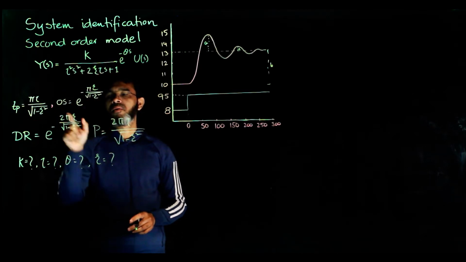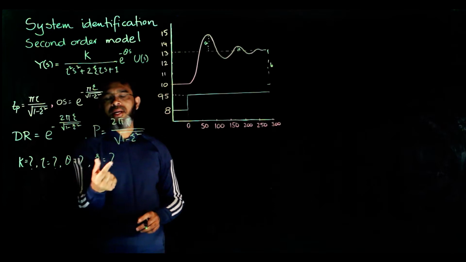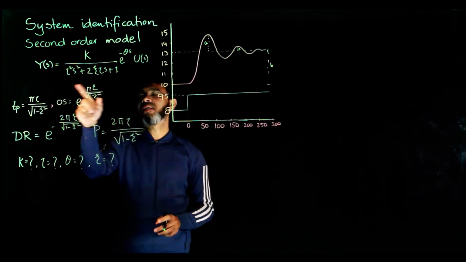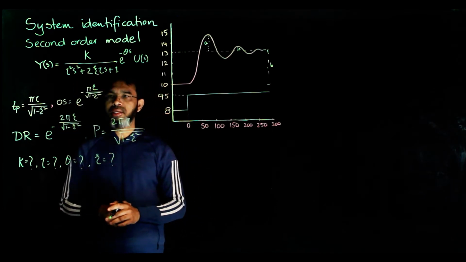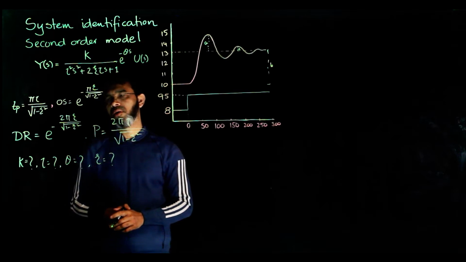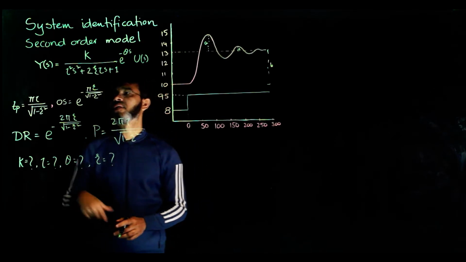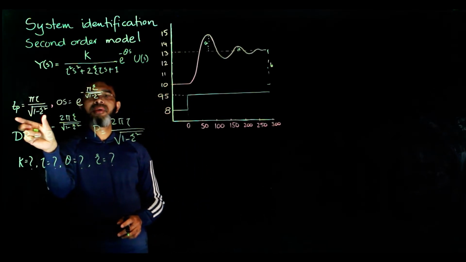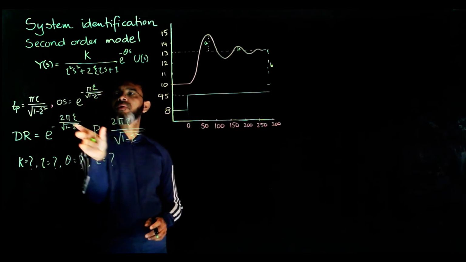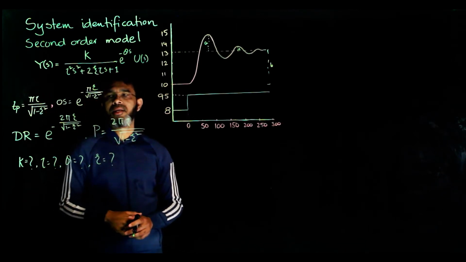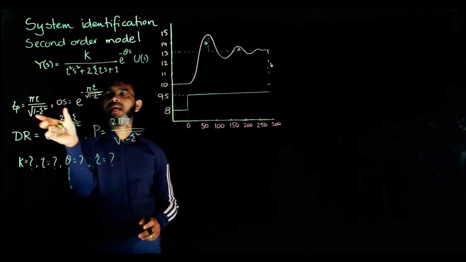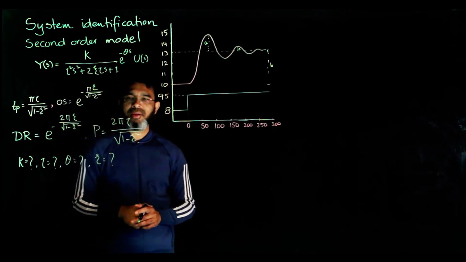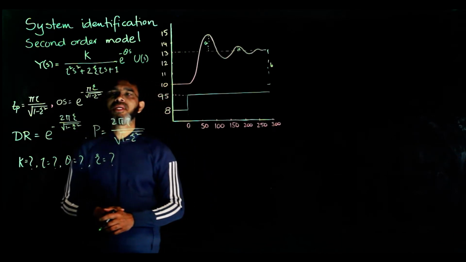Now to find tau and the damping coefficient, we need to use some of these equations, not all. If we look at the equations, TP and P both have tau and xi, so if you start with them you cannot find the values directly; you'll have to use another equation.